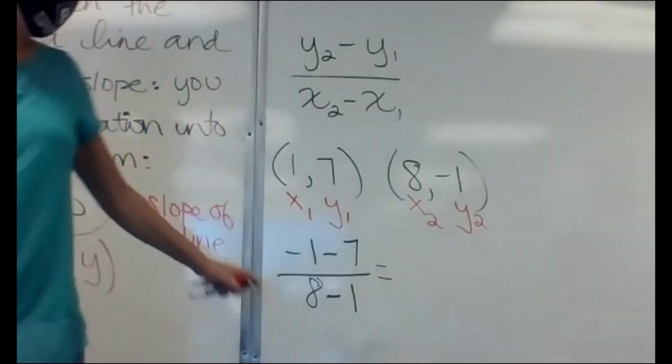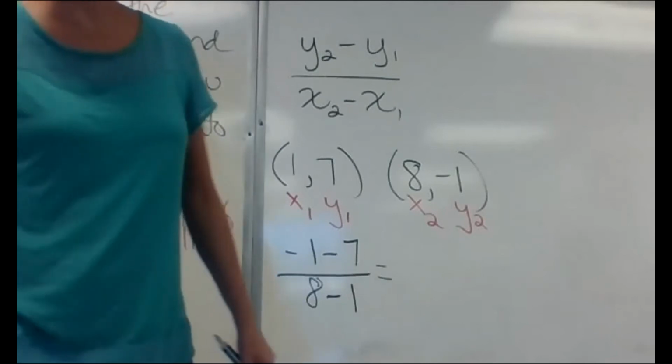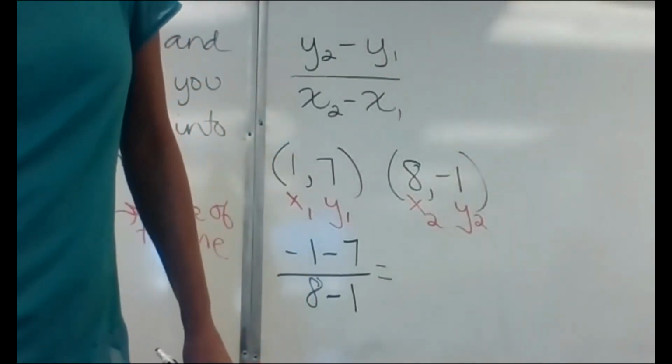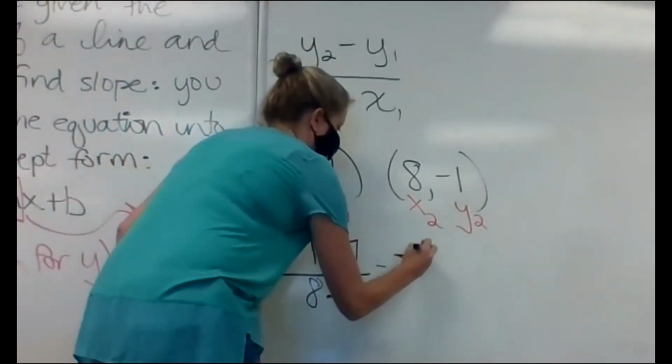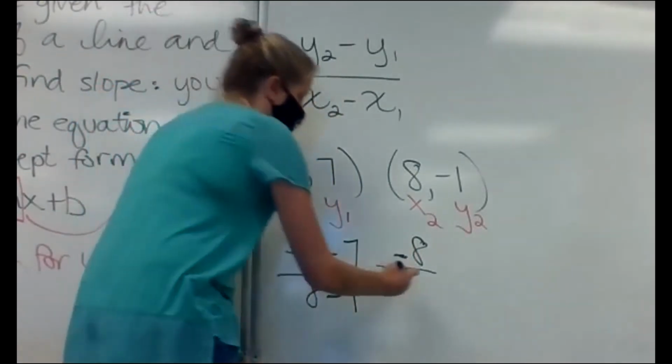Plug it in. Up top, what do you have? You've got -1 minus 7. So when you plug that in, -1 minus 7 gives you -8. Eight minus 1 is 7.